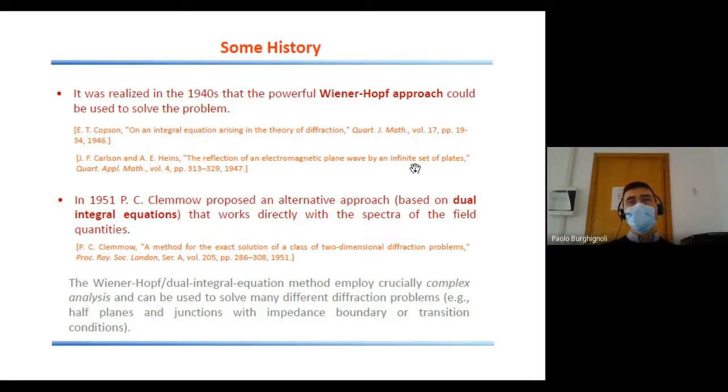A few years later, however, Paul Clemmow in 1951 proposed an alternative approach, which is based on the so-called dual integral equations. That is somewhat simpler. It is very, very similar to the Wiener-Hopf approach. However, the formulation is simpler.